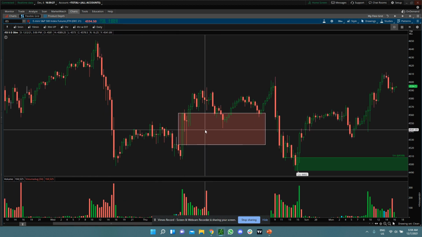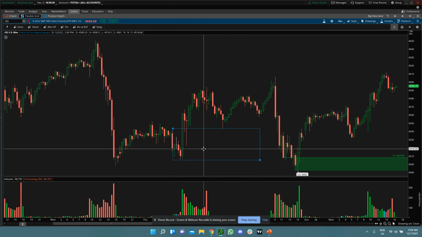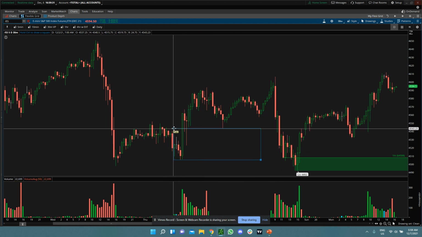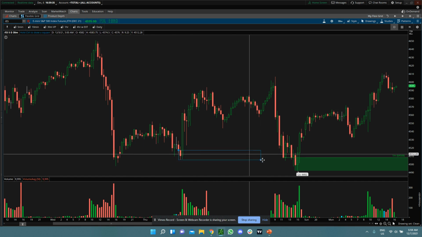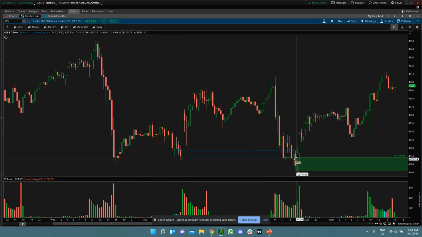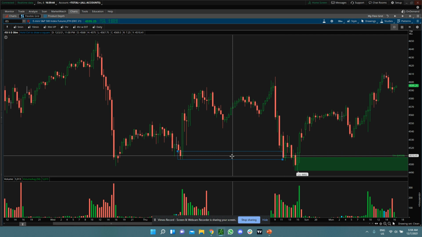Oh, so you can see here, this is a drop base and then rally again. Well, was it tested? Nah, it wasn't really tested. I guess tested a little bit here.